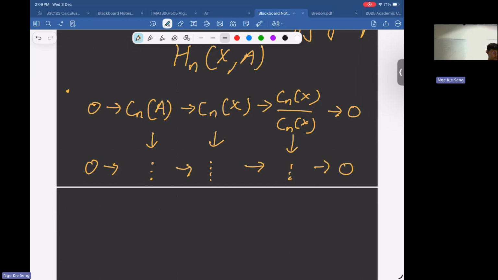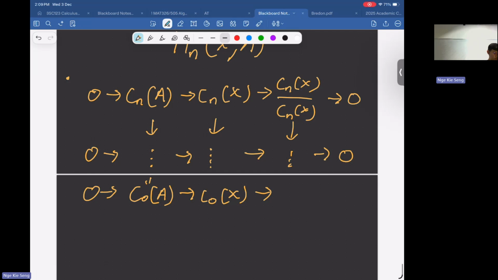Okay, so what do I mean by that? If I stop at C_0, what we do for the reduced chain was we attach a Z like that. So the homomorphism here, or the boundary map, is to just add up all the coefficients.